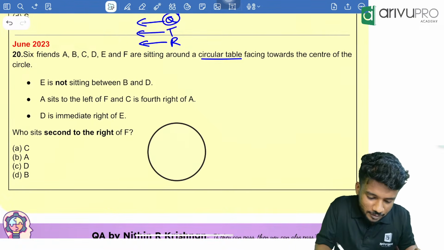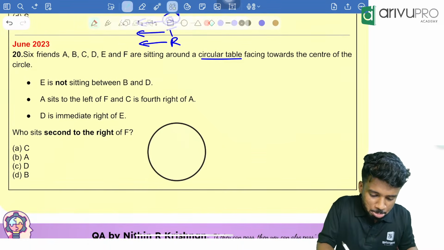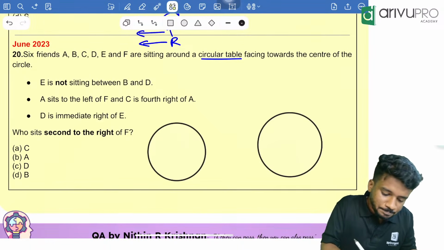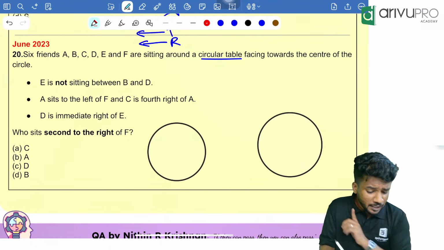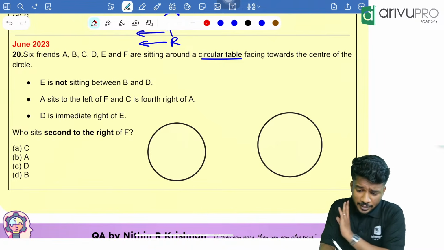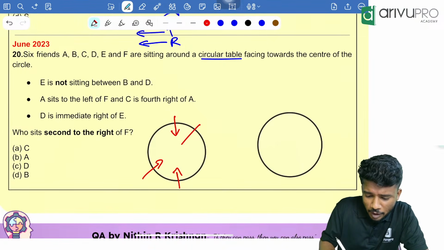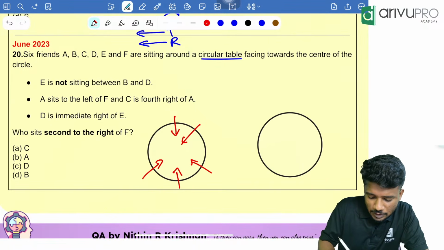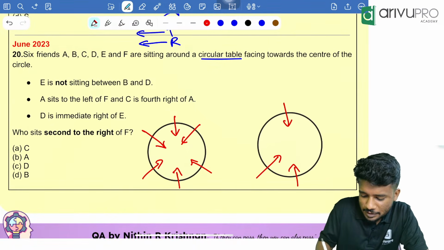Now it's fine. Yes, perfect. So, A, B, C, D, E, F are 6 friends sitting around a circular table. They are facing towards the center. 6 people are there in total. They are looking towards the center.